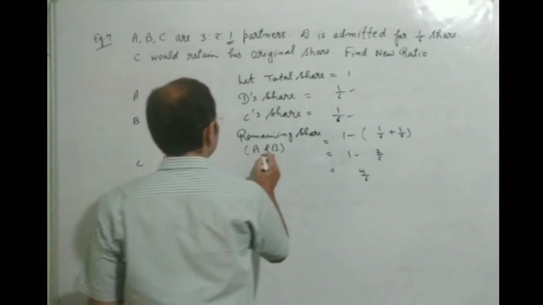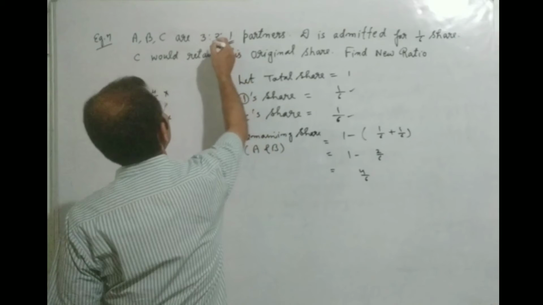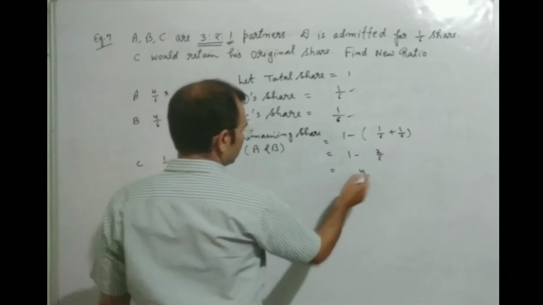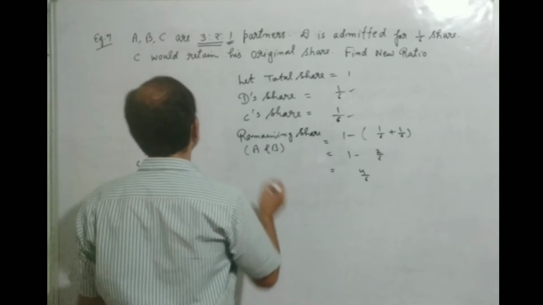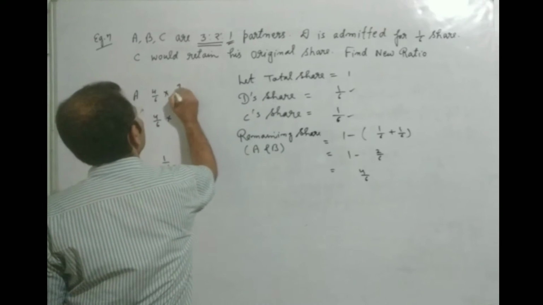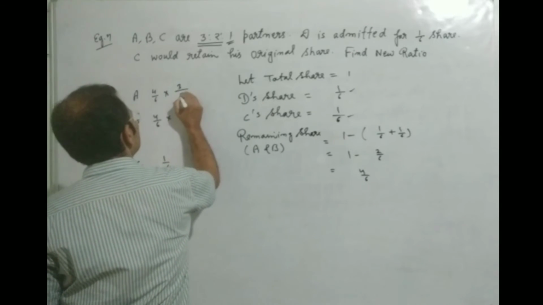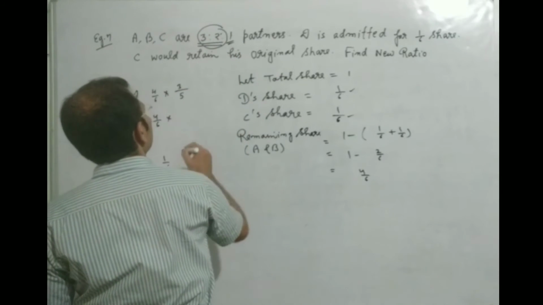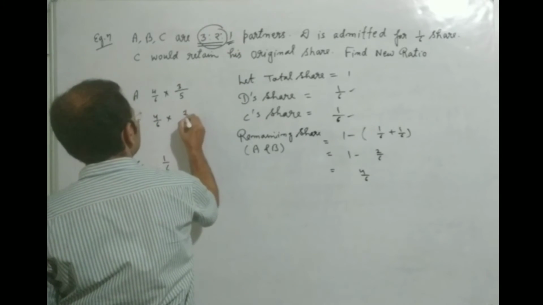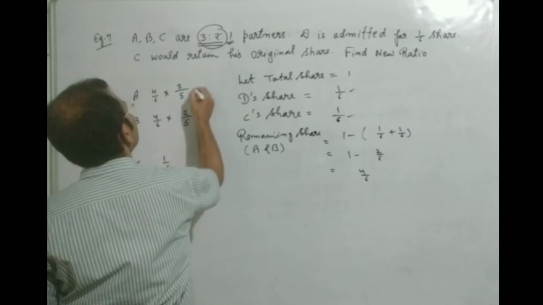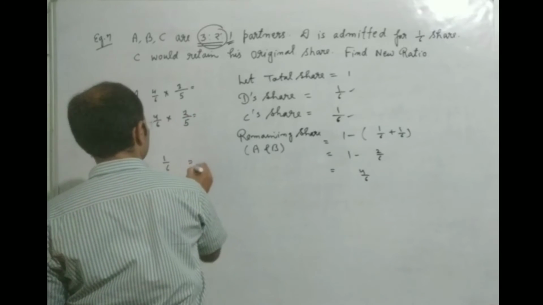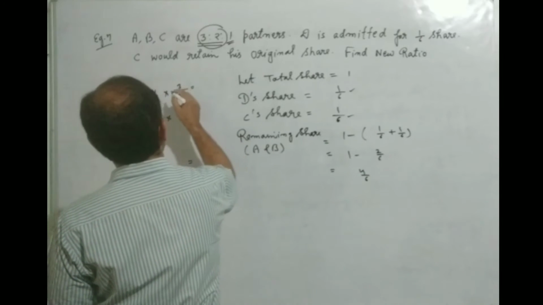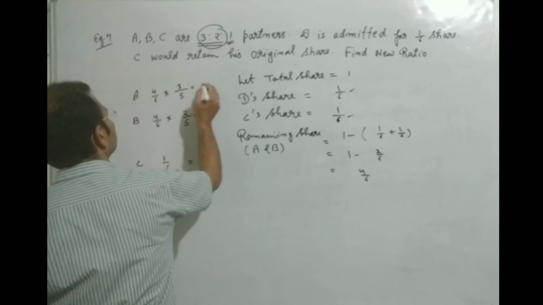A and B's ratio is given in the question, 3:2. So this 4/6 will be divided in 3:2, meaning A's part will be 3/5 and B's part will be 2/5, and after doing this, the question will be solved. Let's see.